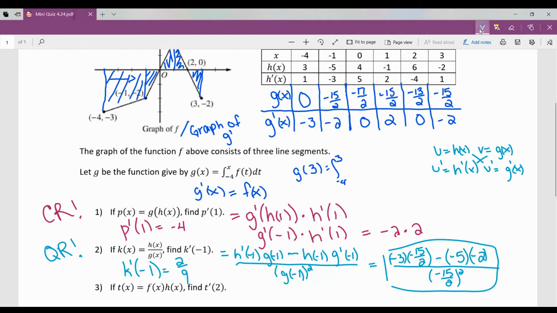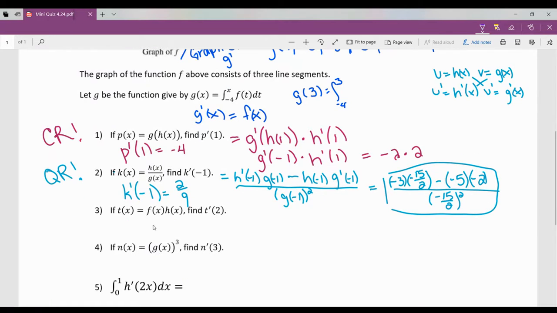All right, on to the next one. We've got F of x times H of x. So that is product rule. All right, be careful with this, guys. It's not G of x. I changed it. This is F of x, so you've got to just be mindful of that.